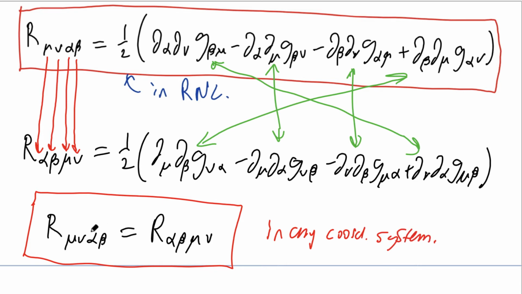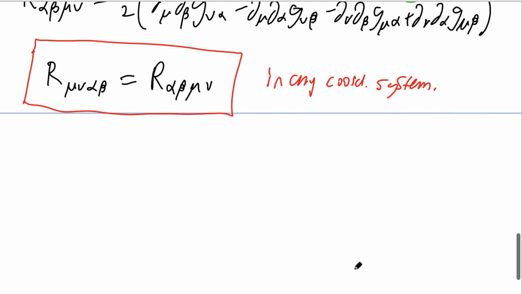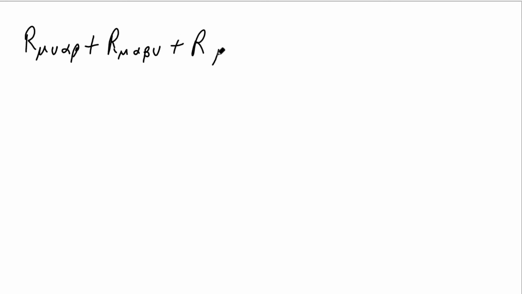So Riemann has a symmetry in which the first two indices, the first pair of indices, is swapped with the second pair of indices, and that doesn't change the Riemann tensor. Yet another symmetry of the Riemann tensor is R mu nu alpha beta plus R mu alpha beta nu plus R mu beta nu alpha equals 0.